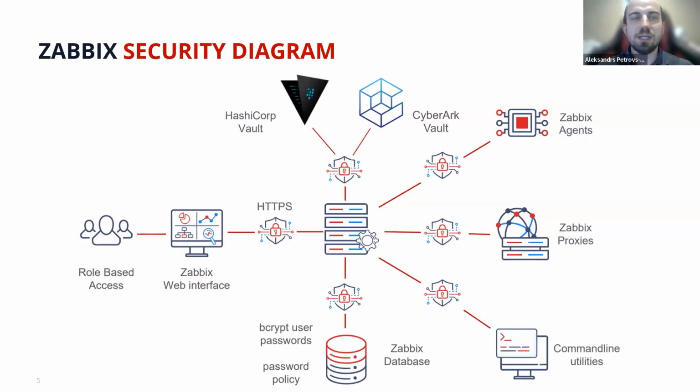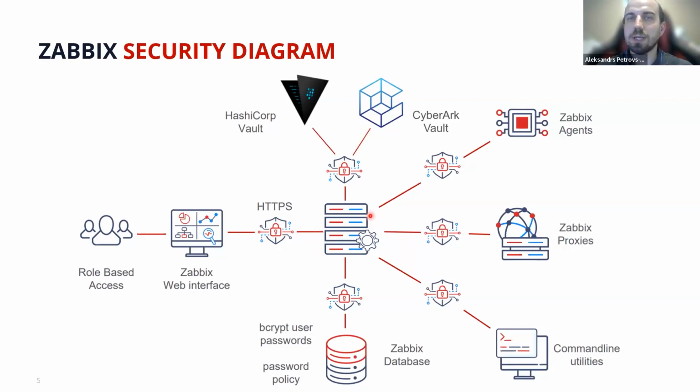And you can see that each single point in Zabbix can be secured, starting, of course, with the user access, so how they will access and what they will access. Then, of course, their communication between the front end and their own workstation, be that inside secure facilities or outside of those. Then, again, the communication of Zabbix and all of its components.